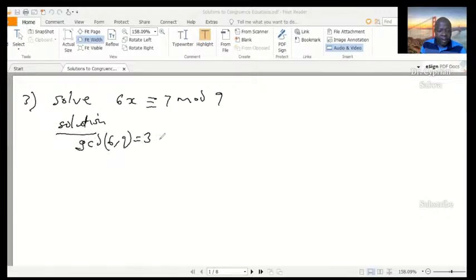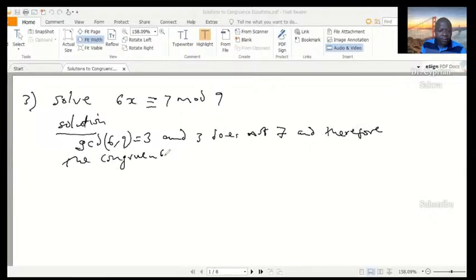And discover that 3 does not divide 7, and therefore this congruence has no solution.